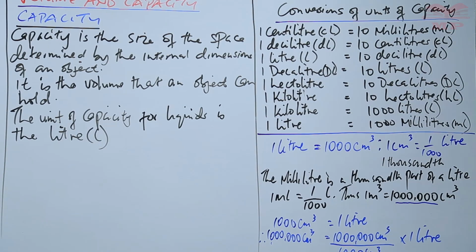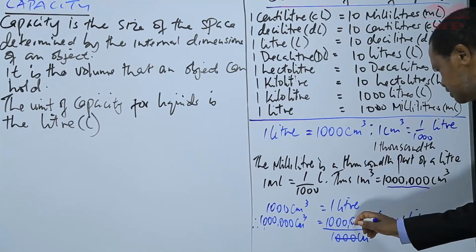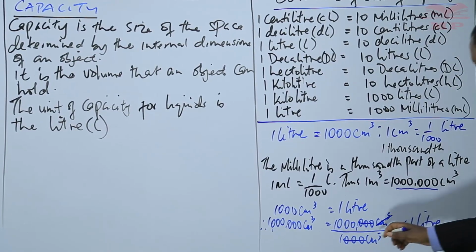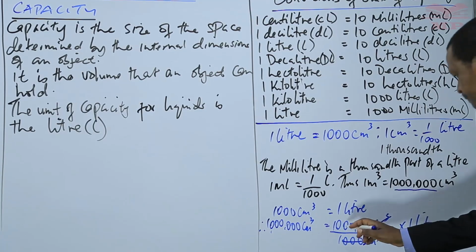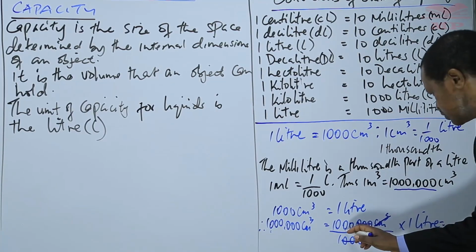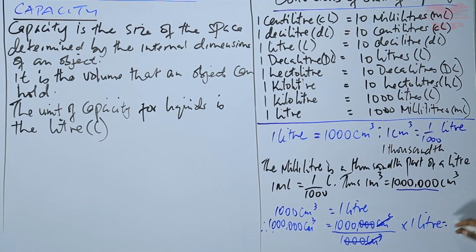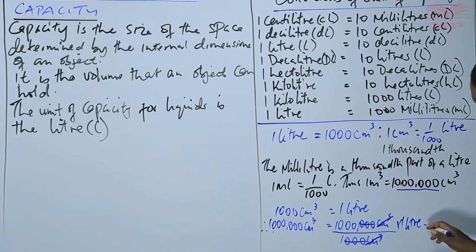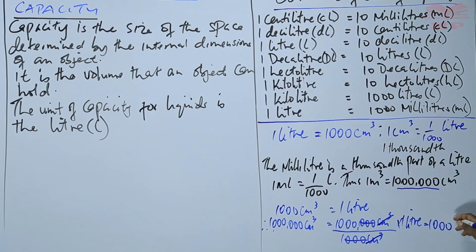This 1,000 will cancel out with these 3 zeros. These cubic centimeters will cancel out with these cubic centimeters. Therefore, we are going to have 1,000 times 1 liter, which is equal to 1,000 liters.